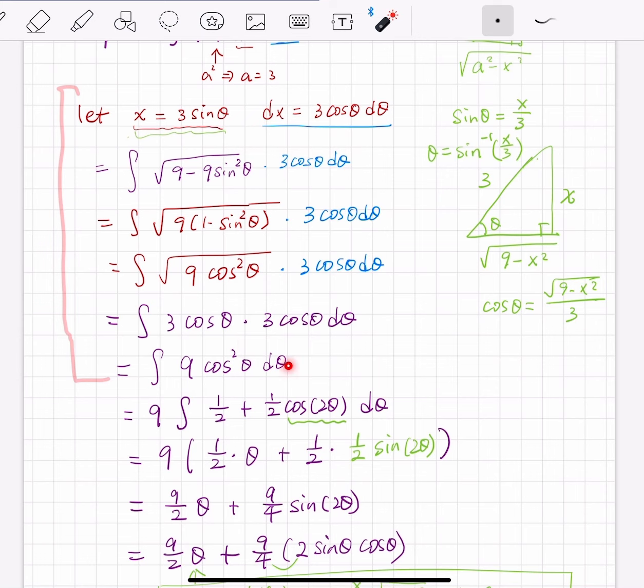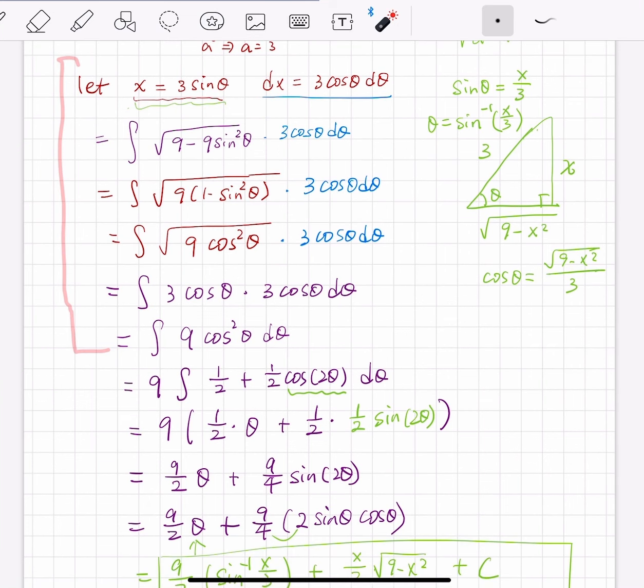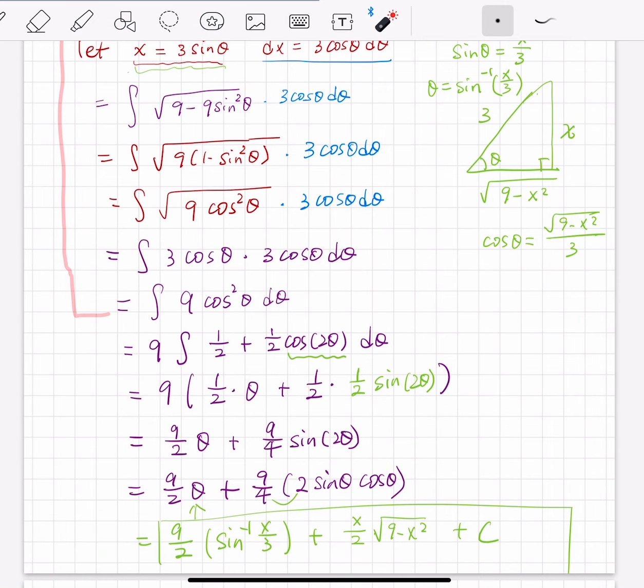So we go back to section 3.2. Once we have the trig integral, depending on the situation, here we're using the half angle formulas. I got sine of 2 theta, which using the reverse direction of the chain rule, I got sine of 2 theta over 2.